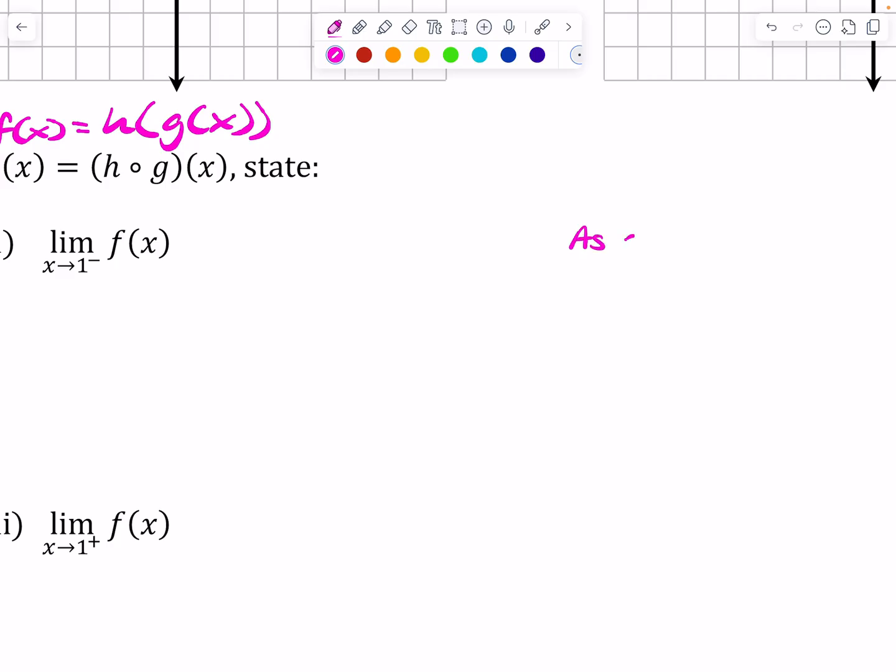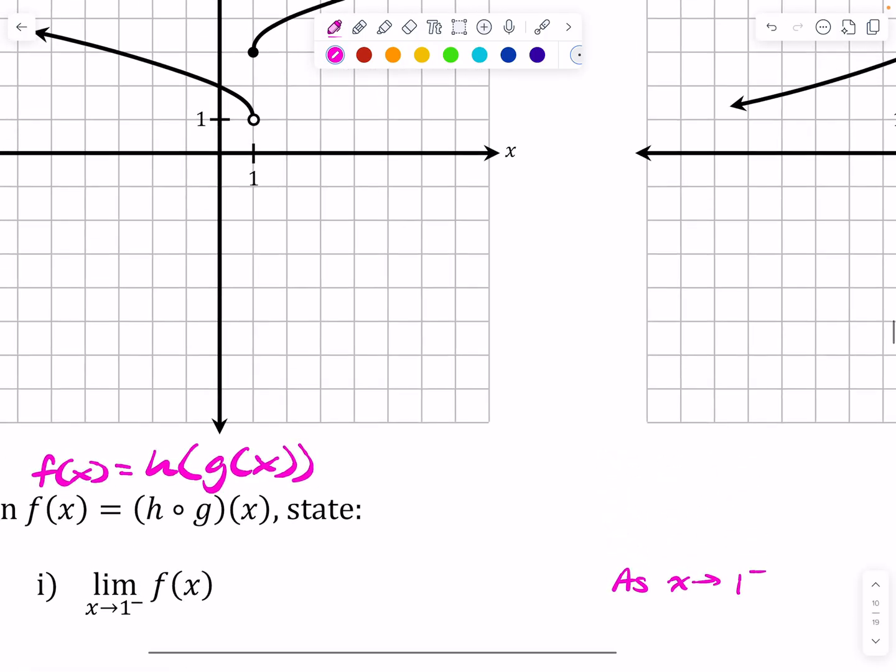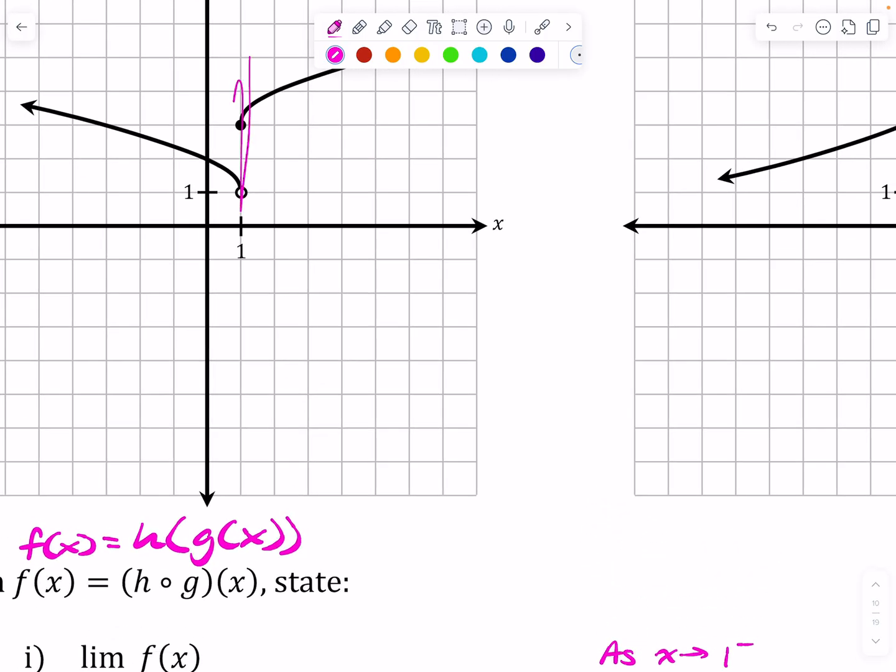We're going to note that as x approaches 1 from below, g of x, what are you doing? So here's 1 itself. We are approaching 1, not from this direction, not from the right, not from higher values of x, but this direction, from lower values of x.